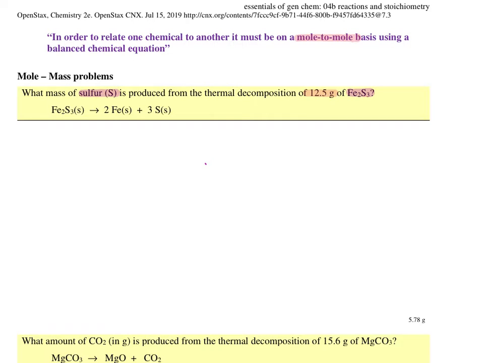And in order to do that, we know we're going to need the formula weight. And you can verify this on your own, that the formula weight of this compound is 207.91 grams per mole. We're going to start by writing down the measured number that's given to us in the problem with its unit.